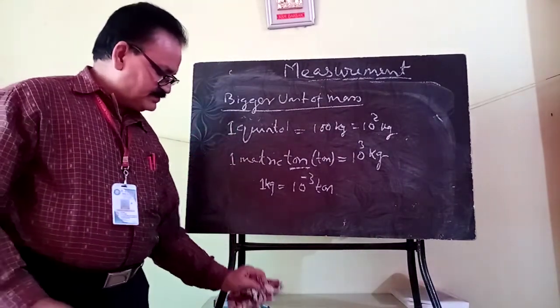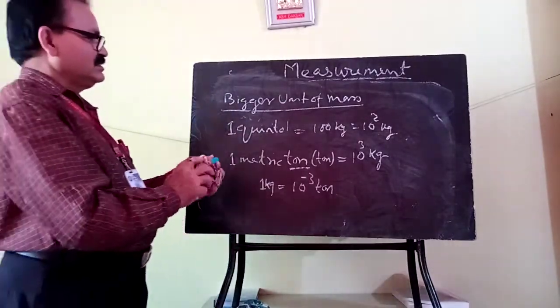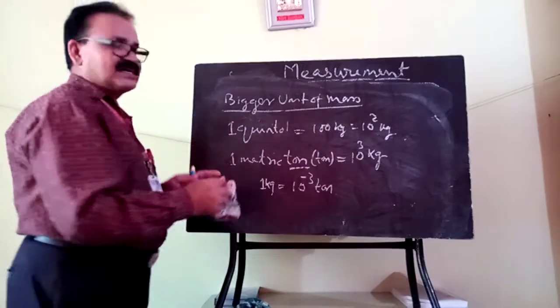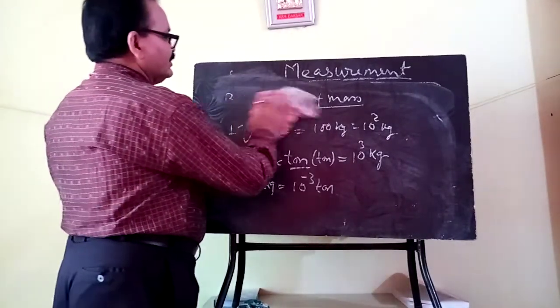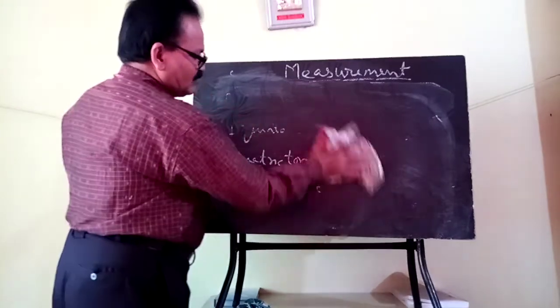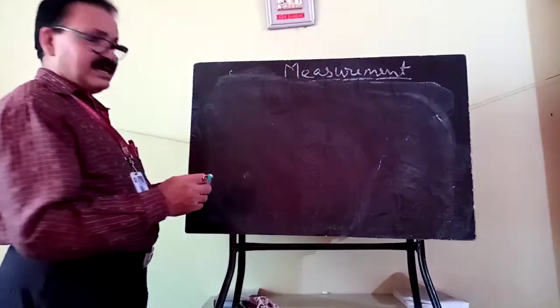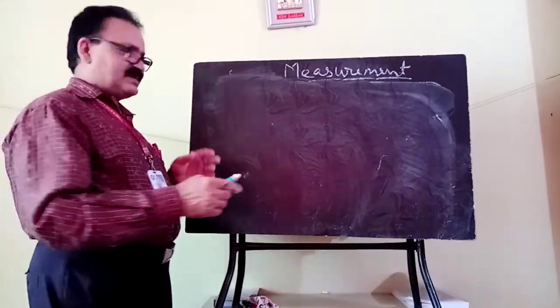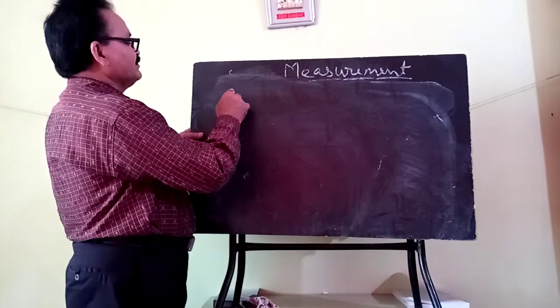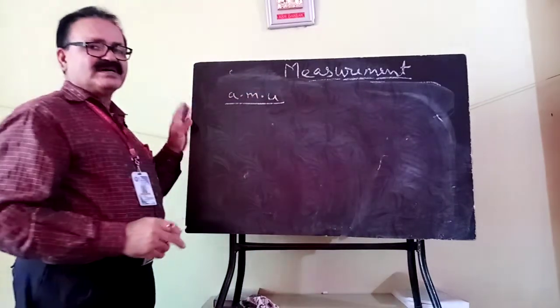In case of chemical, subatomic mass can be expressed in terms of AMU, for expressing the smaller unit of an atom. Whenever any atomic mass is expressed, it is expressed in AMU, that is atomic mass unit.